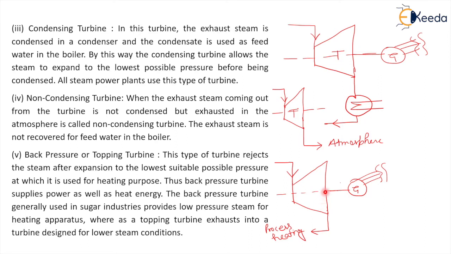So in the back pressure turbine or topping turbine, we are not taking any extraction. Only the steam after the exhaust will be sent for process heating. And in this case also we will get the power output if this turbine is connected with the generator. This is the back pressure or topping turbine.